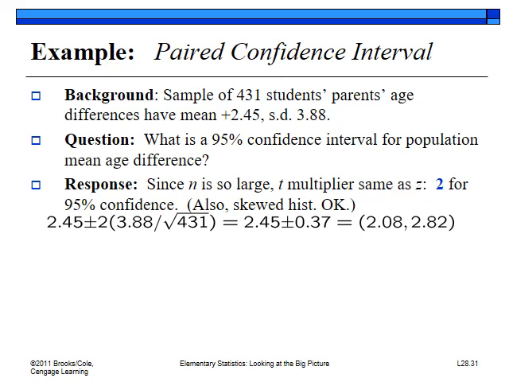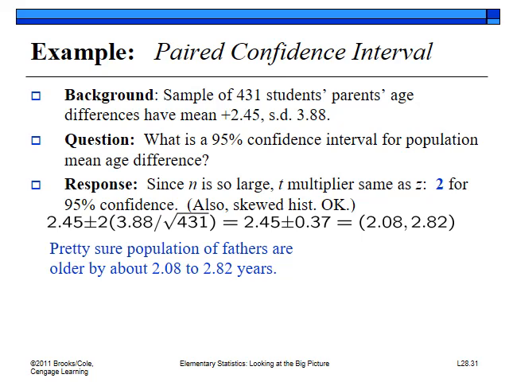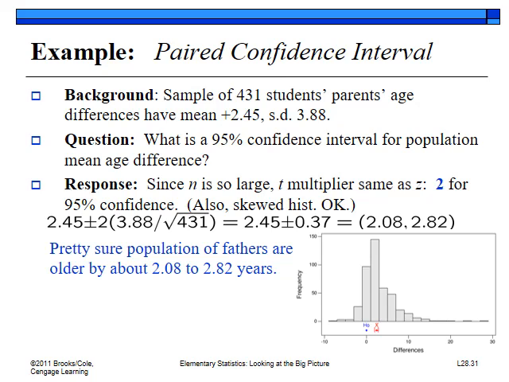So the confidence interval is 2.45, that's the mean in the sample, plus or minus 2 standard errors, which gives us a confidence interval of 2.08 to 2.82. So we're 95% confident that fathers in the population are older by somewhere between 2.08 and 2.82 years. Looking at the histogram, that seems reasonable.